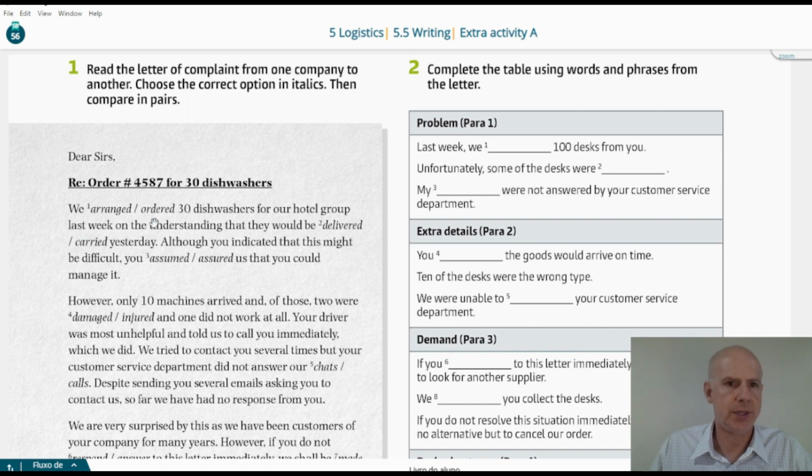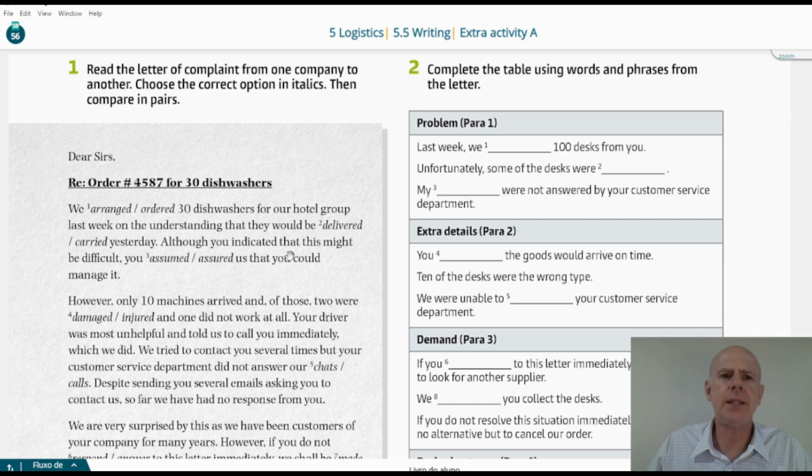It's ordered, right? Yes. On the understanding that they would be delivered, carried, yesterday. Well, maybe people would have to carry the machines, but that's not what you would write. They would be delivered yesterday.